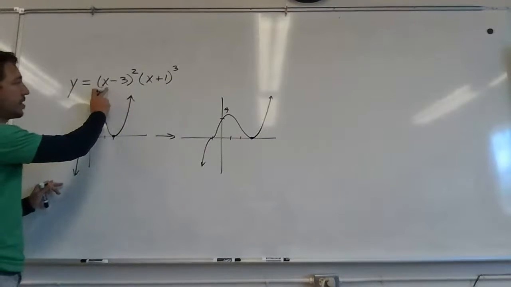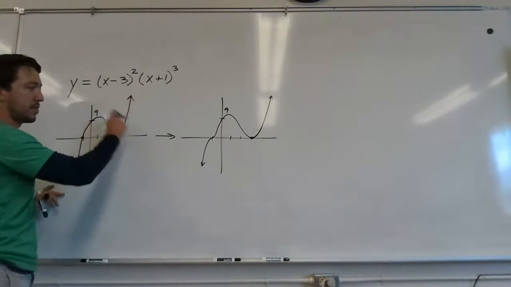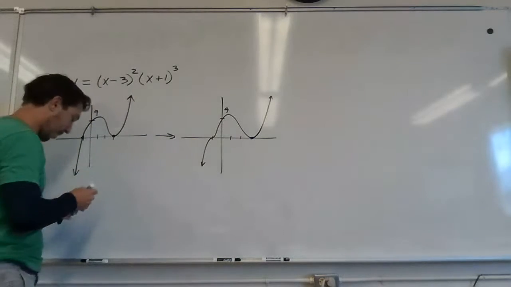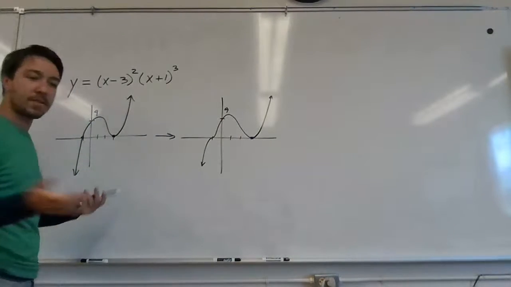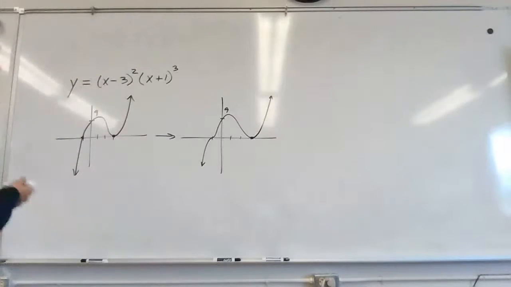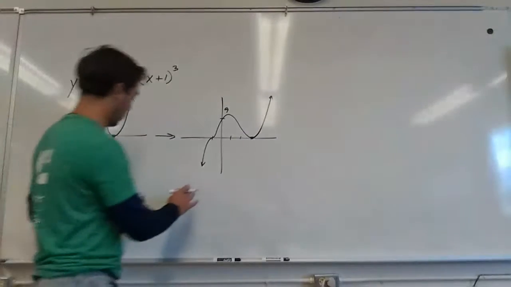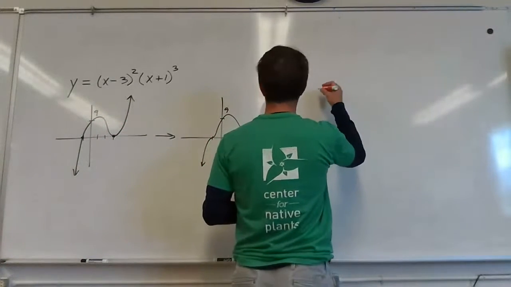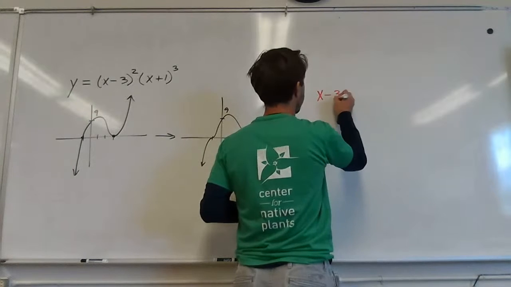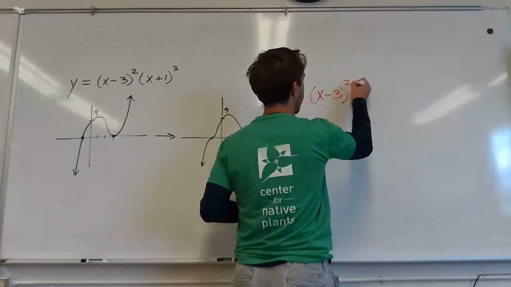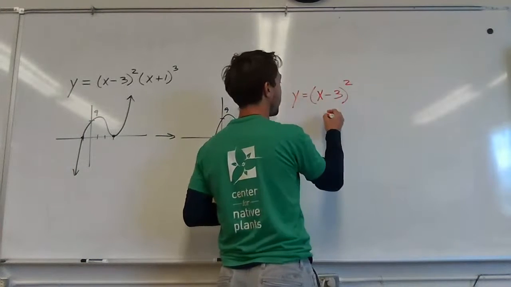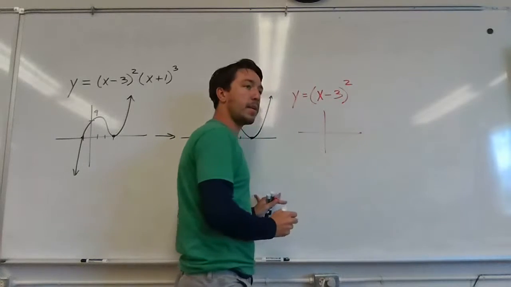So look at these two pieces that created this function. Do you guys all understand? I hope you do at this point. If I were to graph this function by itself, what does it look like?